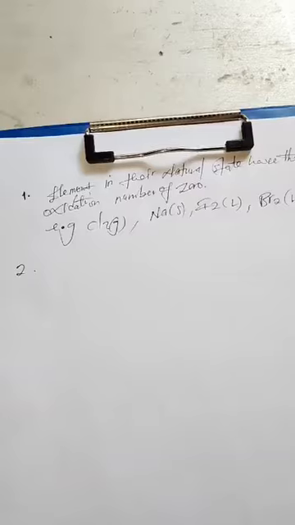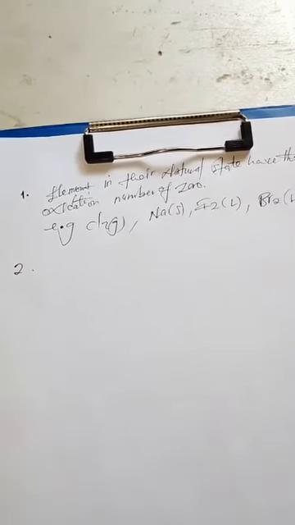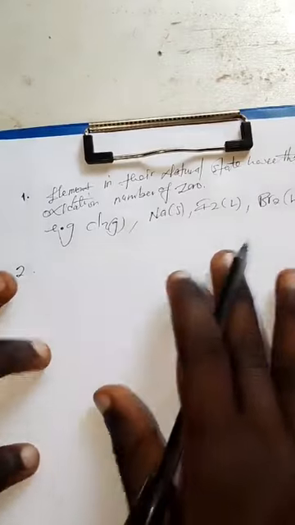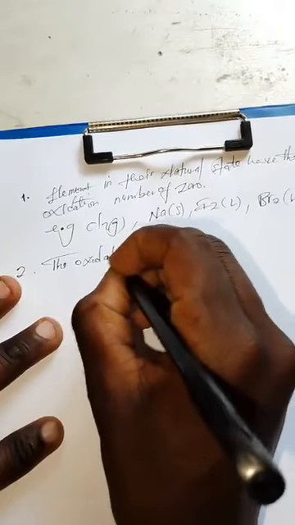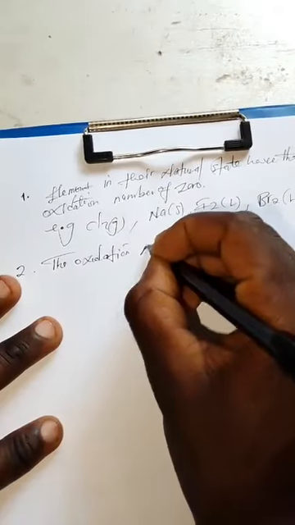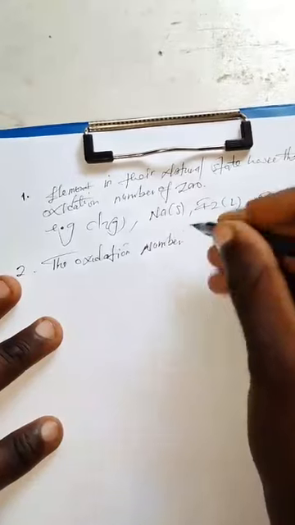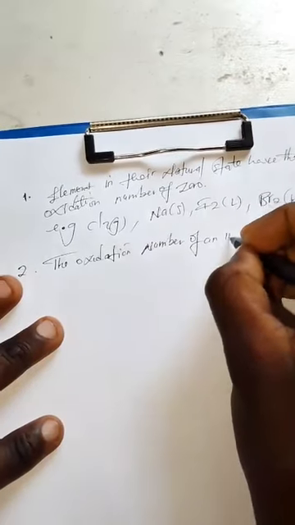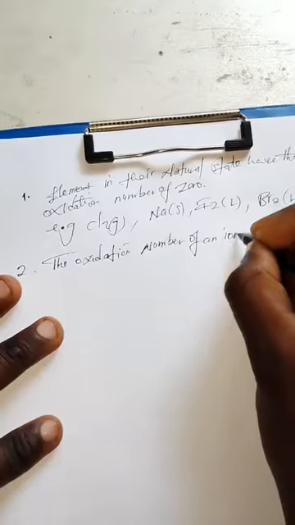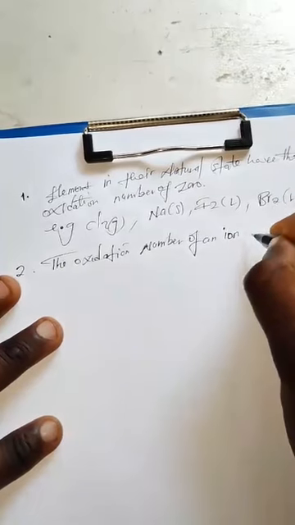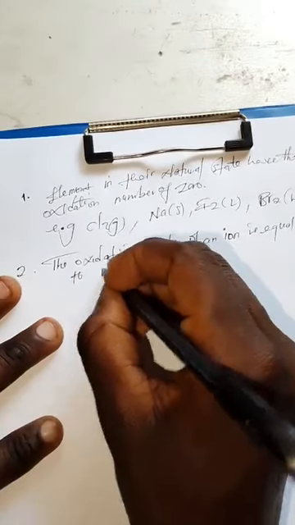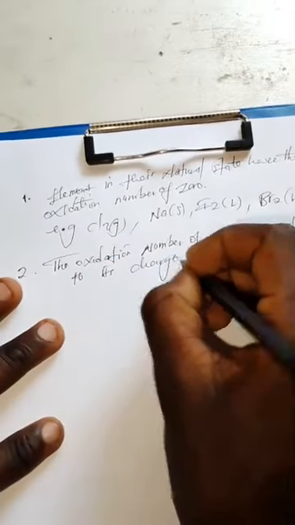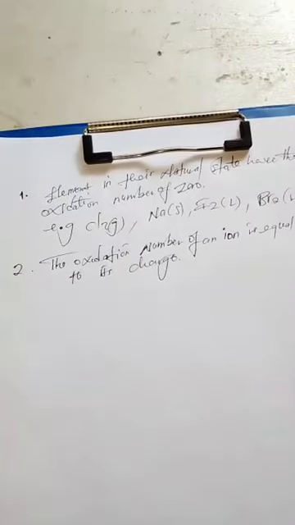Number two, the oxidation number of an ion is equal to its charge. I'm sure you know what I mean when I say ion.